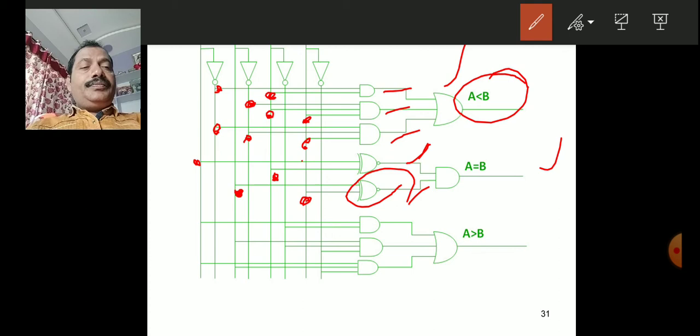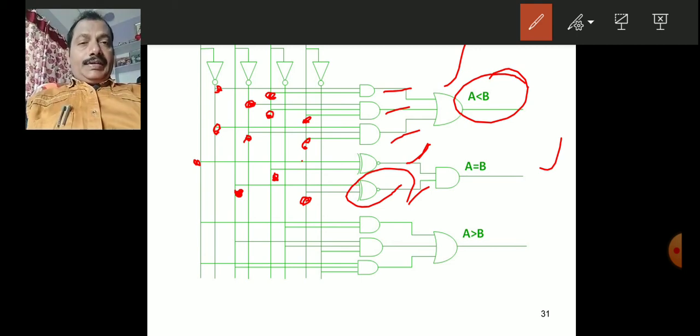Next, finally, A greater than B also you connect appropriately, because there are three products available. Three AND gates are needed. So three AND gates you take and you connect accordingly. A1, next B1, B1 bar. So that is the first term.